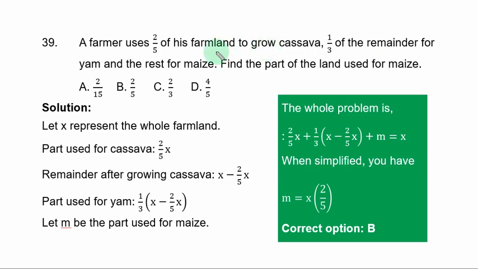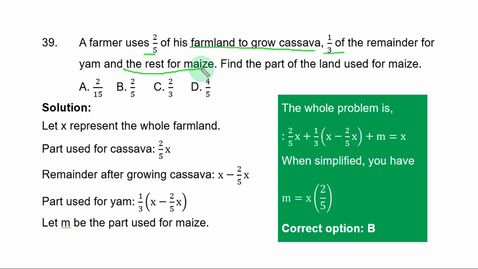Question 39. A farmer uses 2/5 of his farmland to grow cassava, 1/3 of the remainder for yam, and the rest for maize. Find the part of the land used for maize.